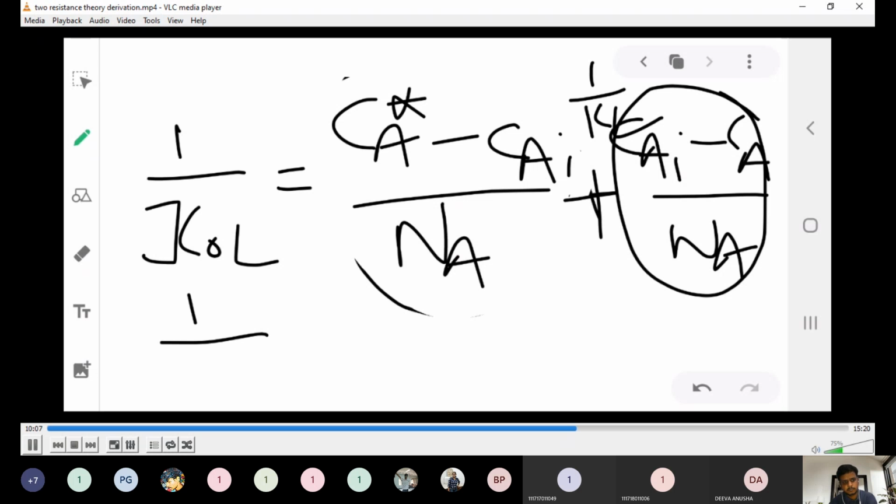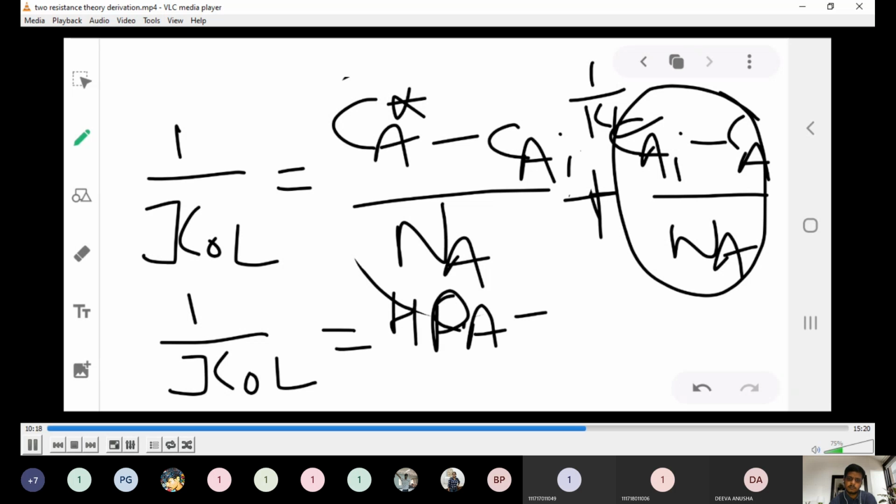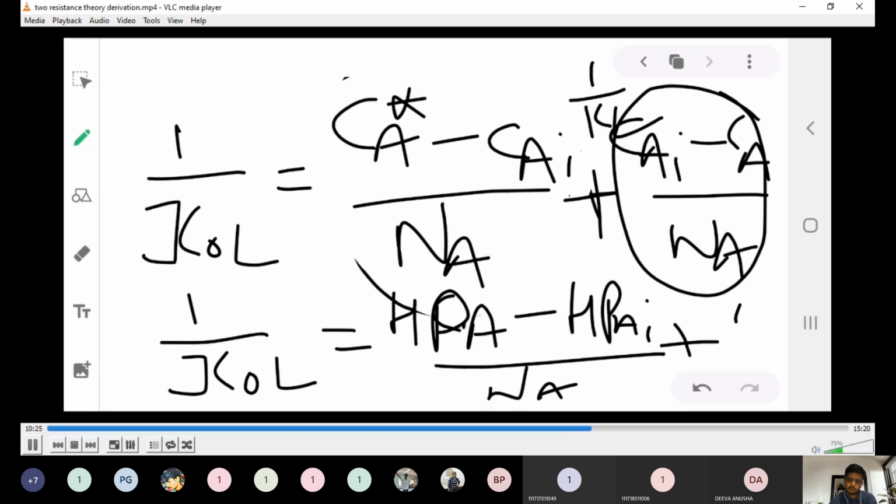Okay, now we can write this as 1 by KOL is equal to, now CA star is HPA minus HPAI by NA, plus the left out term is 1 by KL.